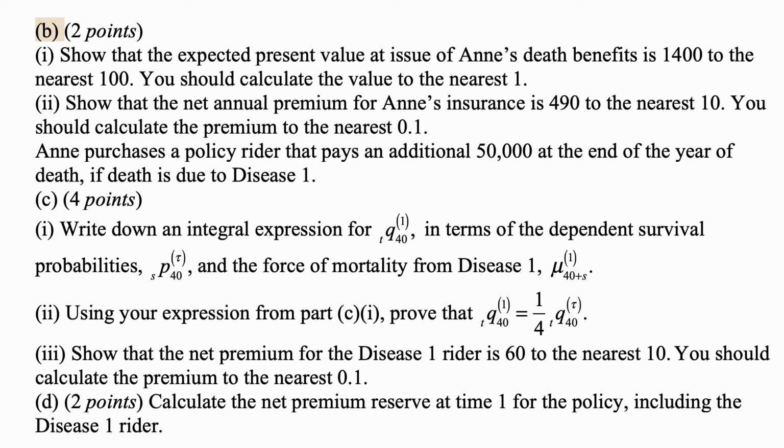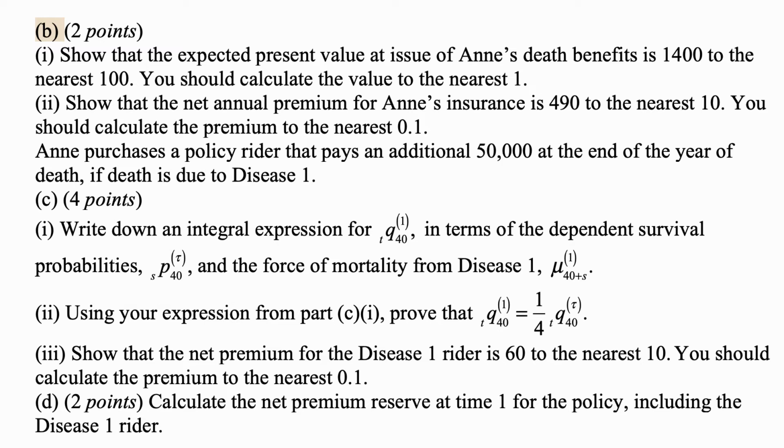2. Using your expression from part C1, prove that tq40 upper 1 is equal to 1/4 tq40 tau. Part 3, show that the net premium for the disease 1 rider is 60 to the nearest 10. You should calculate the premium to the nearest 0.1.